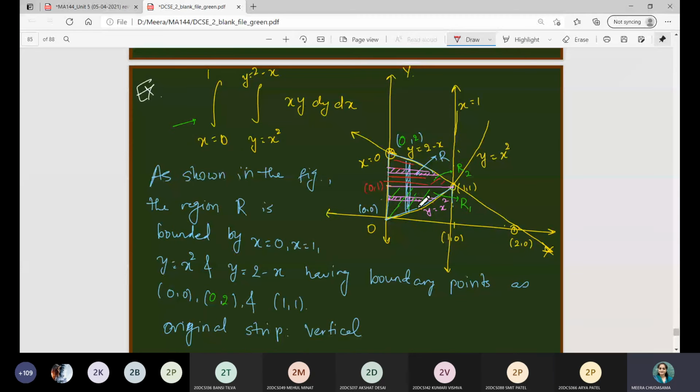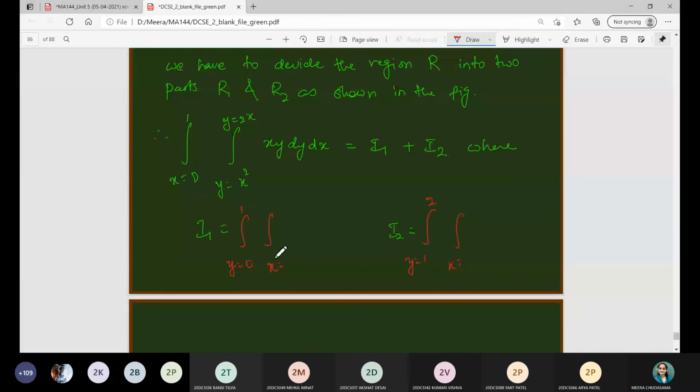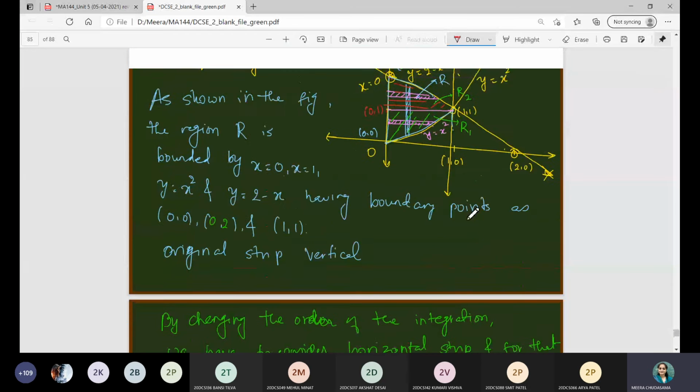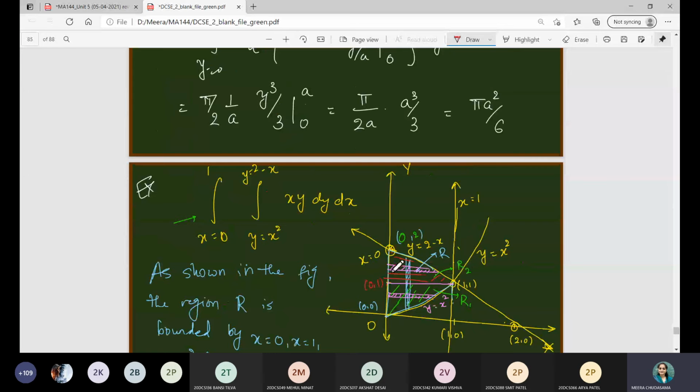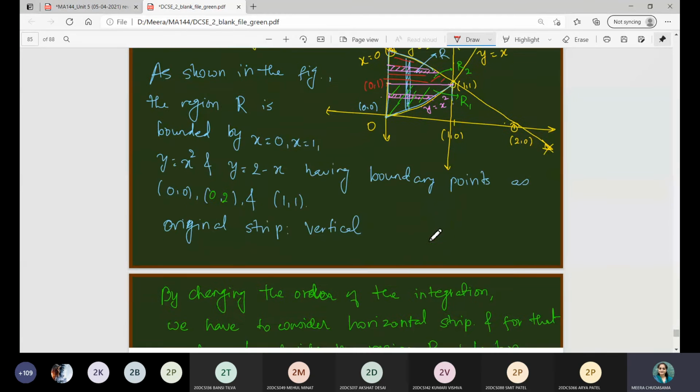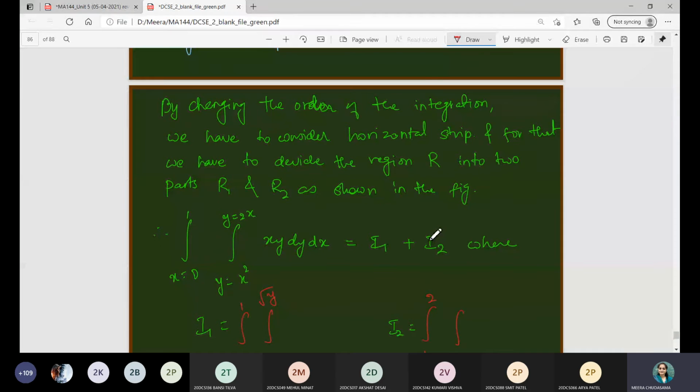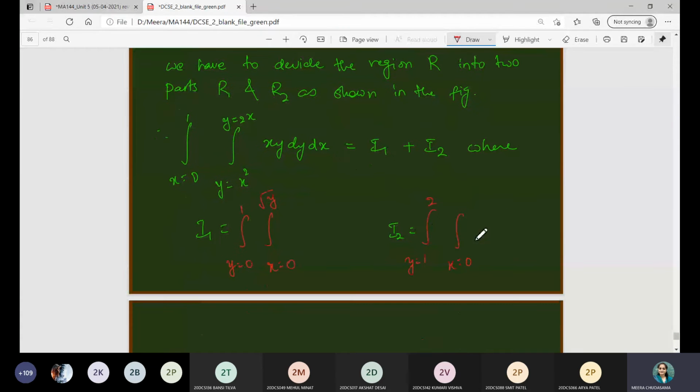In this direction you have to look, so it is 0 to square root of y. So x is equal to 0 to square root of y, and in the second region it will be varying from 0 to 2 minus y. So it is 0 to 2 minus y.